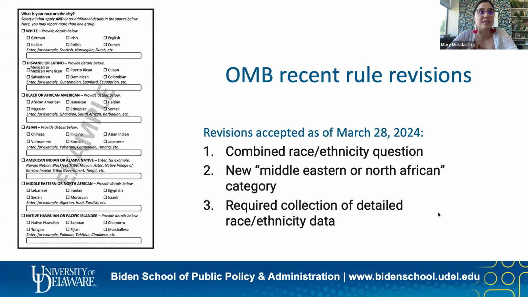So that's really interesting to me. And so our new forms that we're going to start seeing on the 2030 census and rolled out over time, this is an example of the form, but you're going to start seeing this detailed race and ethnicity data collection. So you'll have your groupings of white, Hispanic or Latino, Black or African American, Asian, American Indian or Alaska Native, Middle Eastern or North African, and Native Hawaiian or Pacific Islander.